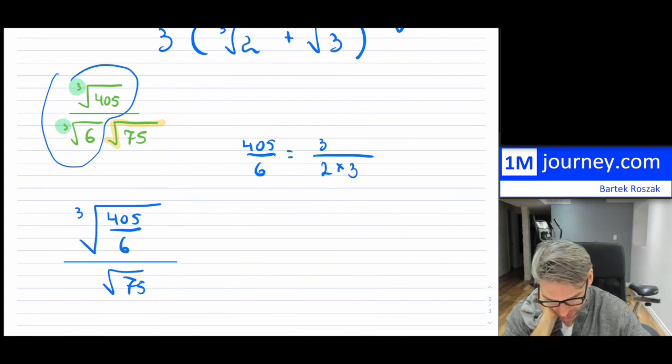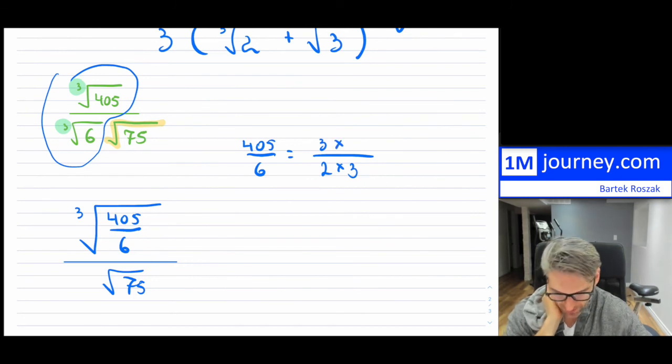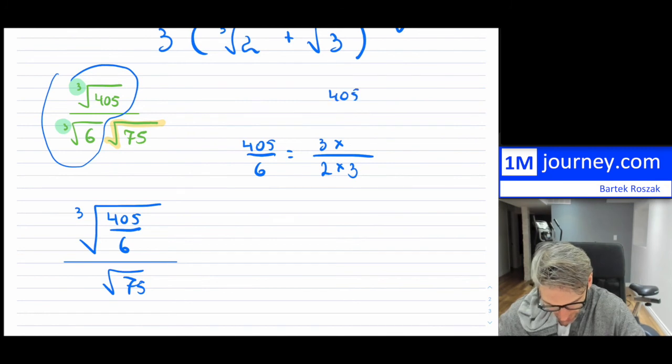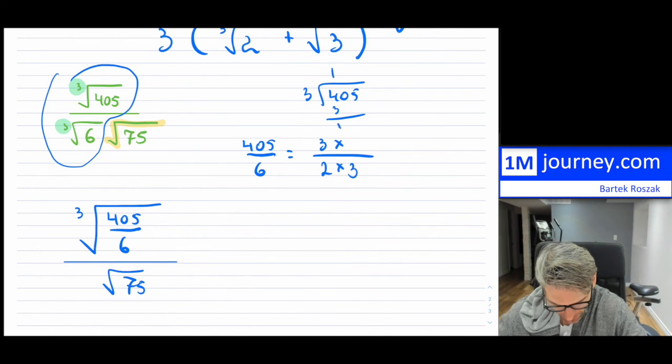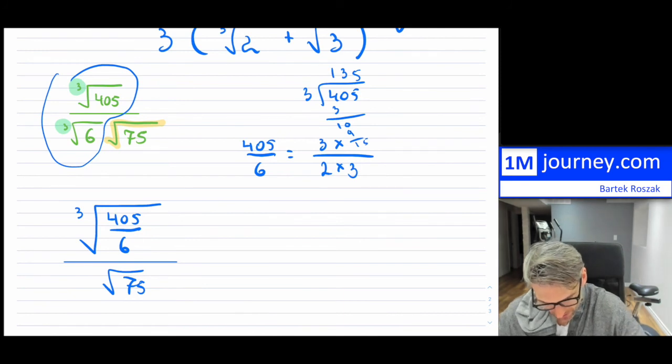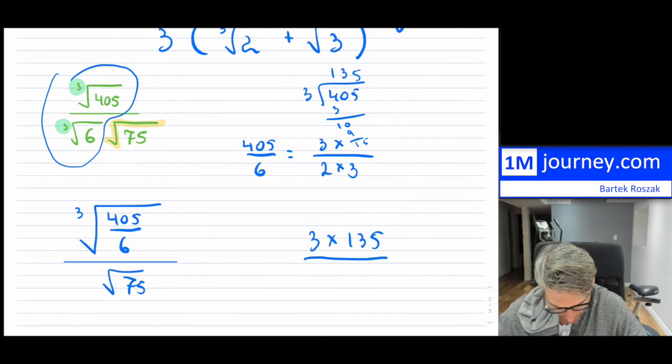So this is 3 times, so notice the 3's will cancel there, but you have 3 times, and what is that going to be? So 405, let's see, 3 into 4 goes 1, 3, 4, this is 0, so 3 and 10, that goes 3 times, so that's going to be a 9, 1, carry the 5, so that's 135. So we have 3 times 135 all over 2 times 3.